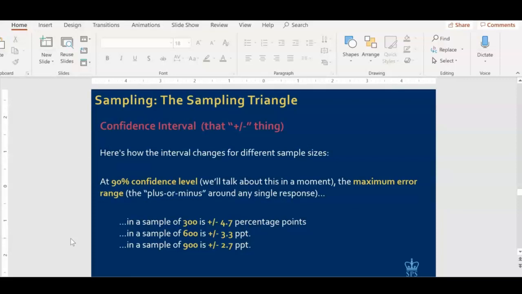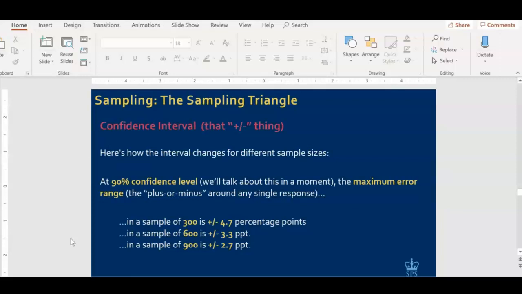Now, the confidence interval will change depending on your sample size. We just discussed an example where we had a sample size of 300 and our error range was 4.7 percentage points. As you increase your sample size, the error range decreases.